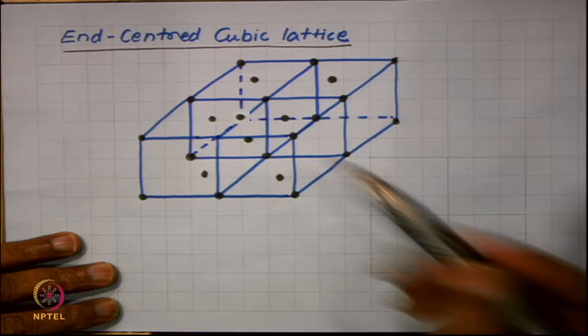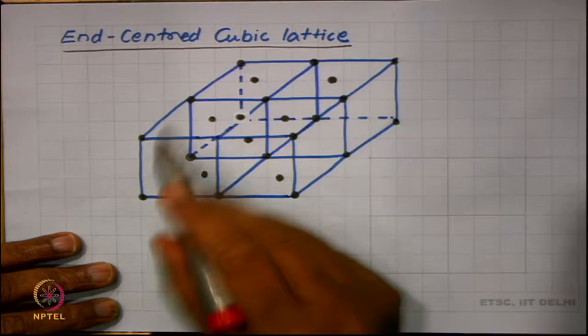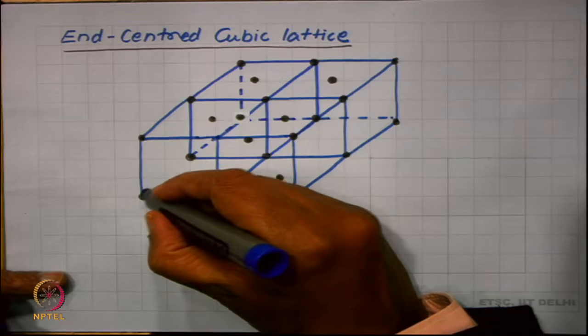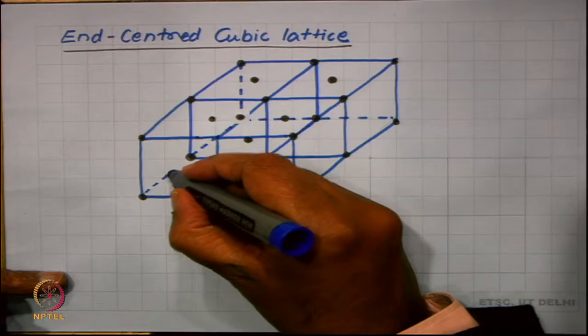We have drawn 2 by 2, 4 unit cells, each of them having points at the corners as well as points at the centers of their top and bottom faces.